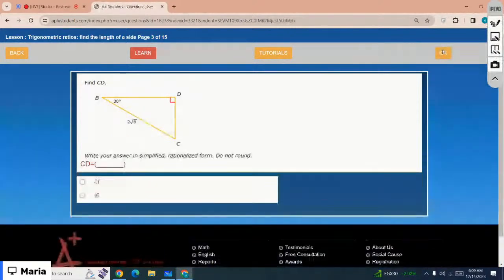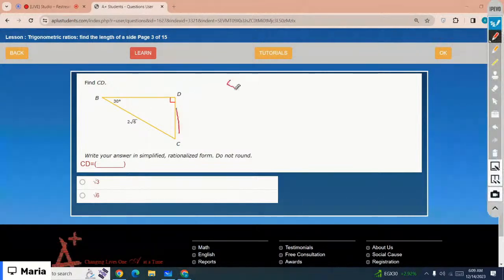Okay, we have to calculate the value of CD. So we can calculate sine 30. Sine 30 is DC over 2 square root 6. And when you make a special triangle, sine 30 is 1 over 2.